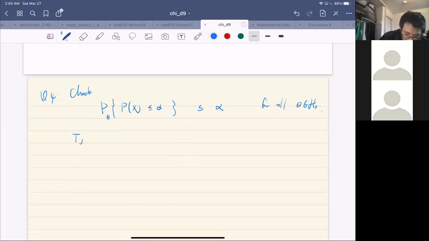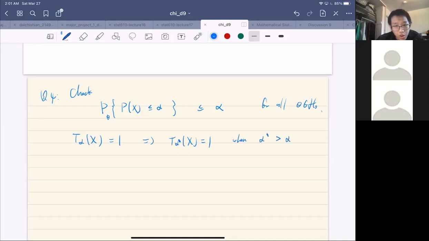So we have a rejection rule, and T_alpha(x) is equal to 1. That implies T_alpha'(x) also equals 1 when alpha' is greater than alpha.